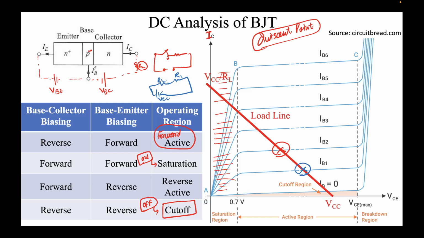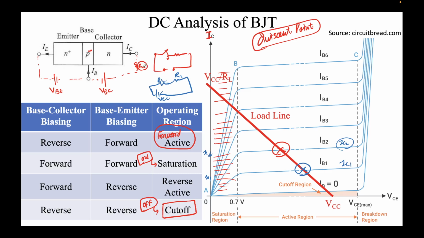However, here if you change IB, you can change how much current is flowing through this transistor, whether it will be IC1 or IC2, and so on. Just by changing the base current, you can alter the current flowing through this load resistor, which is shown over here.